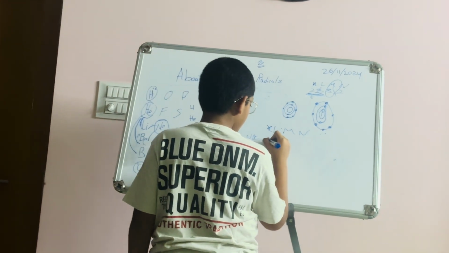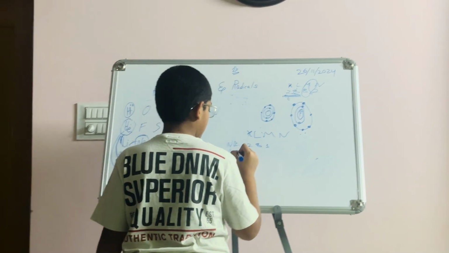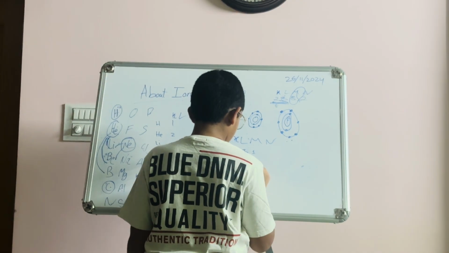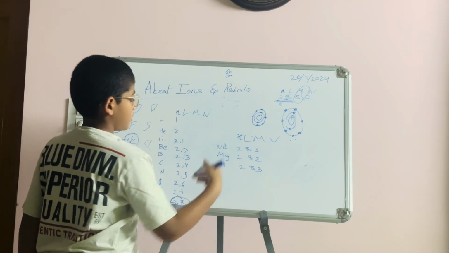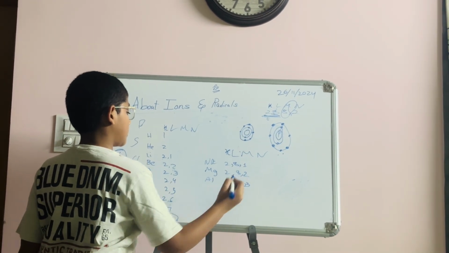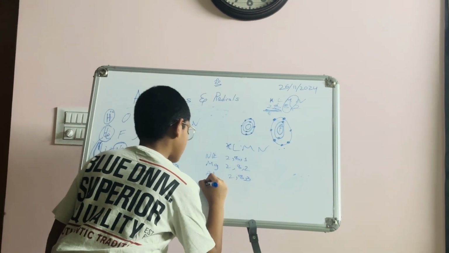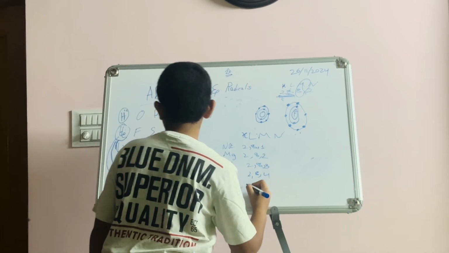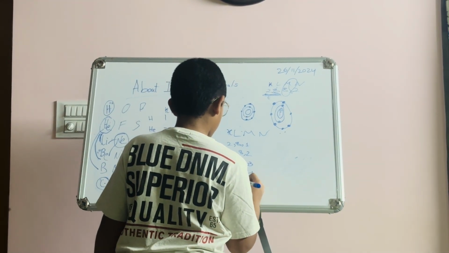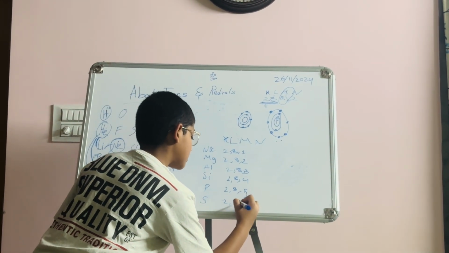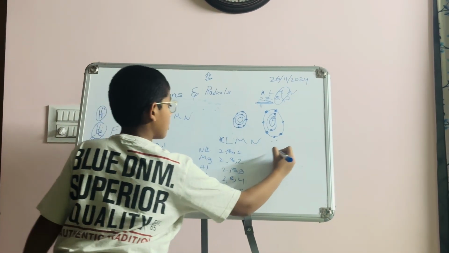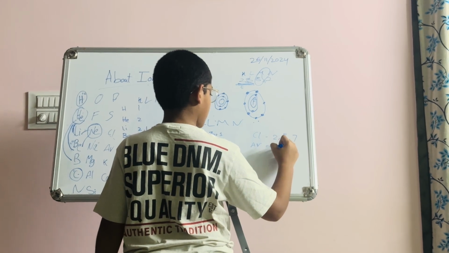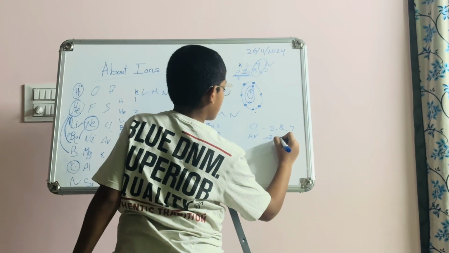So Na is 2 8 1, magnesium 2 8 2, aluminium 2 8 3, silicon, even a special case, 2 8 4, phosphorus 2 8 5, sulfur 2 8 6, chlorine 2 8 7, argon 2 8 8.